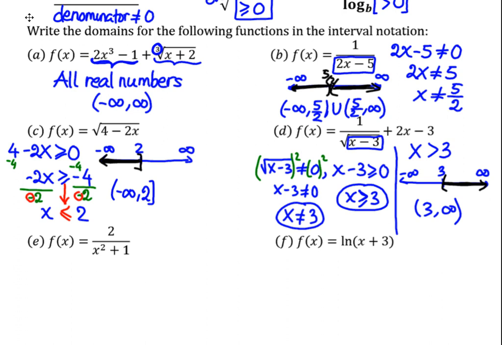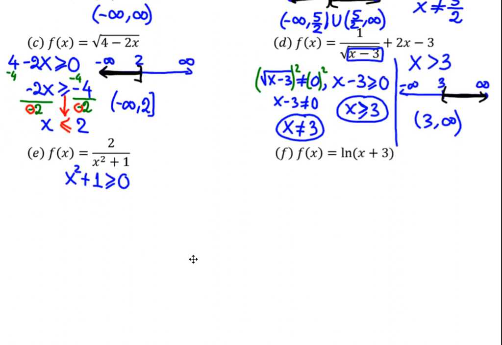Next, we have another rational function. The denominator has to be not equal to 0. So we subtract 1 on both sides. X squared is not equal to negative 1.